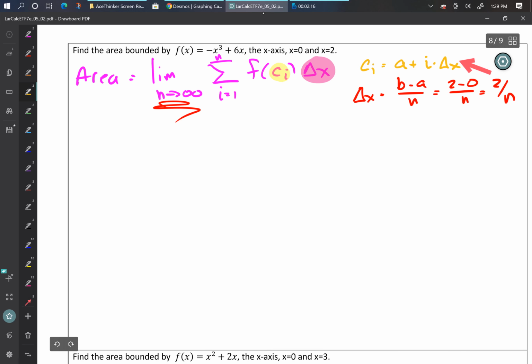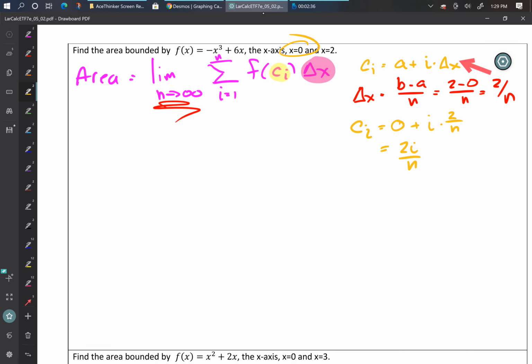And now that I know that 2 over n, I can use it up there. So c sub i, our sample point, we're going to use right endpoints, is going to be a, which is 0. Remember, a is the left endpoint, plus i times 2 over n. Or if you prefer, clean that up a little bit, that's going to give me 2i over n.